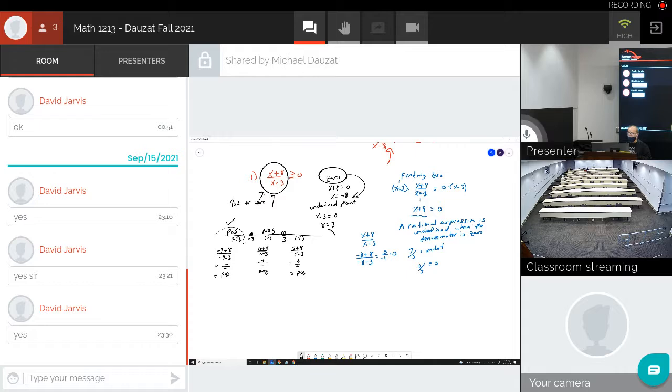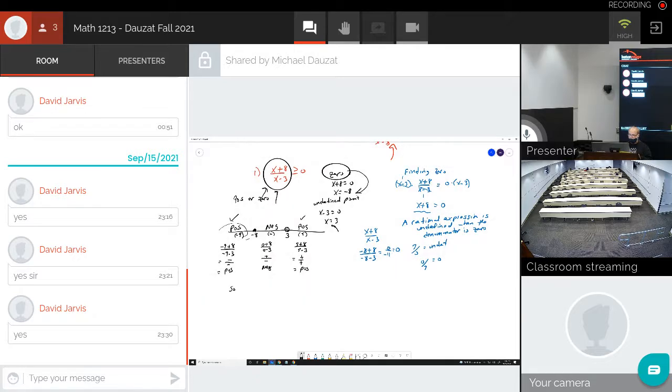Positive. So any real number in that third interval will make that rational expression I have circled a positive number. Is that third interval going to be a solution? Yes. And then the next step is to write your answer in interval notation.